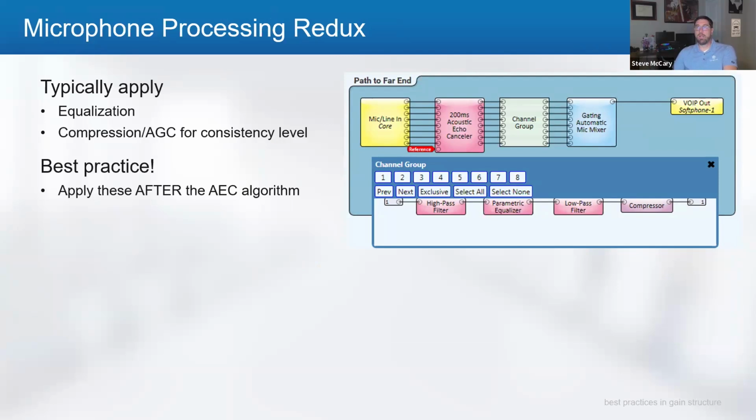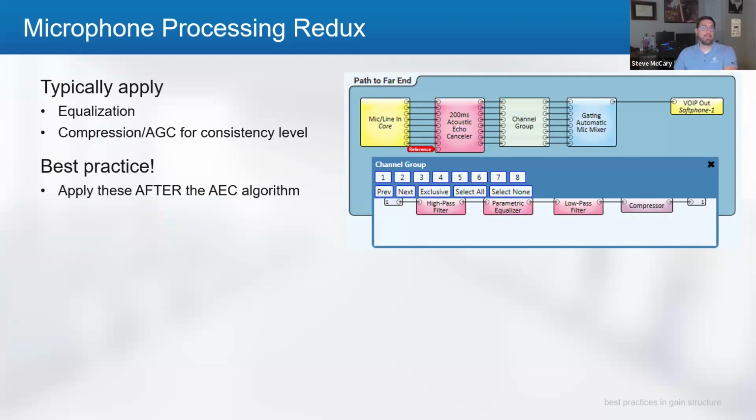If you need to do some dynamic processing, that needs to happen after the AEC block. So if you're going to do any high pass, low pass, parametric, compressing, all of that kind of stuff, generally you want that to go after the AEC.